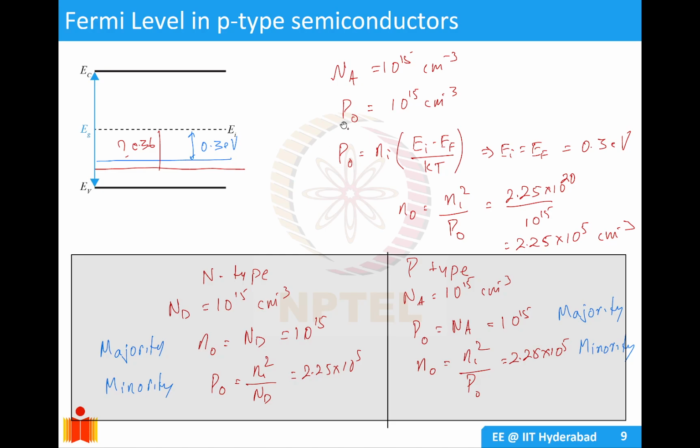And the hole concentration is 10 to the 15, and the electron concentration is 10 to the 5. These are called your majority and minority carriers. If there are more electrons than holes, then electrons are majority carriers and holes are minority carriers. If in a p-type material the holes are more, then holes are majority carriers and electrons are minority carriers.